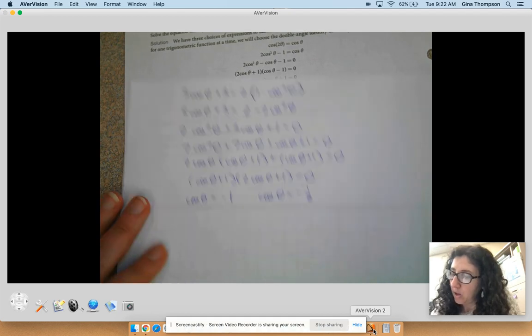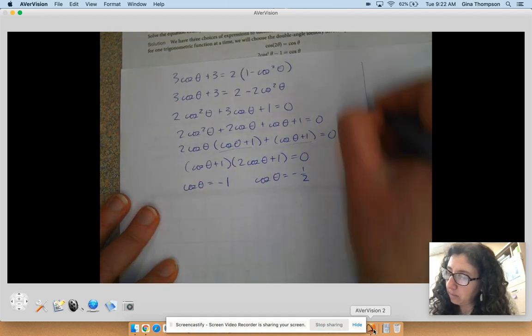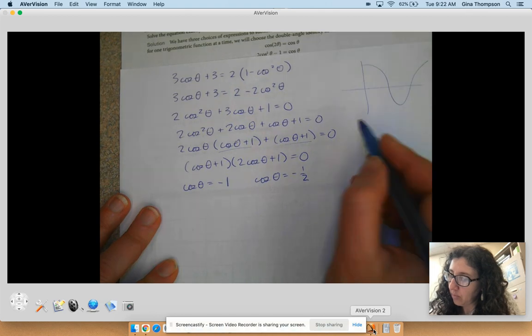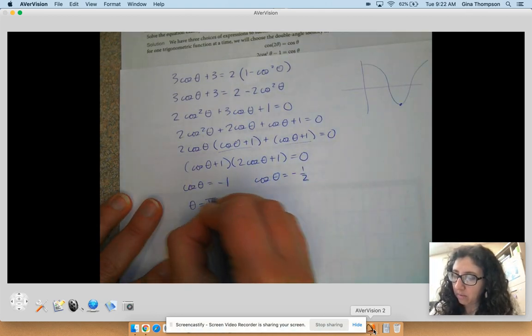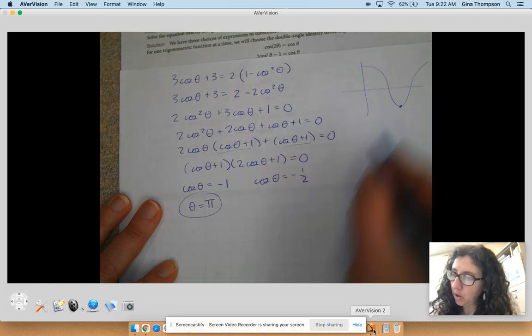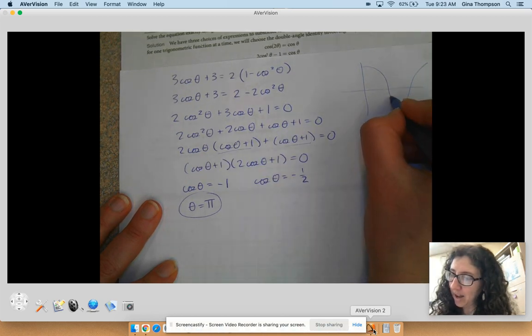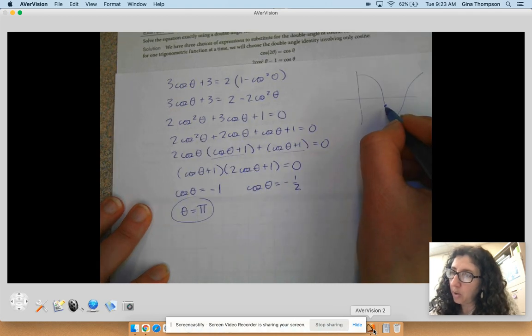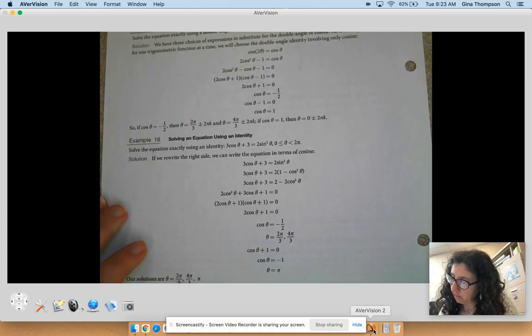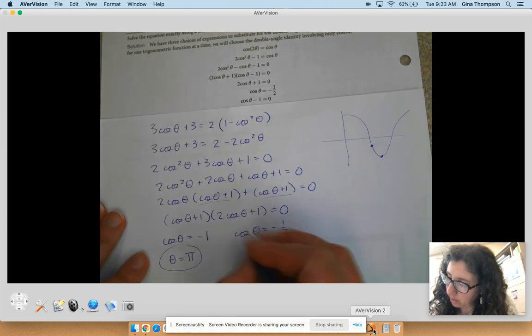Okay, so from 0 to 2 pi, cosine theta equals negative 1 at pi. And cosine theta equals negative 1/2, well, from our table, we can get this solution. Cosine theta equals negative 1/2 at 2 pi thirds. Yep, 2 pi thirds.